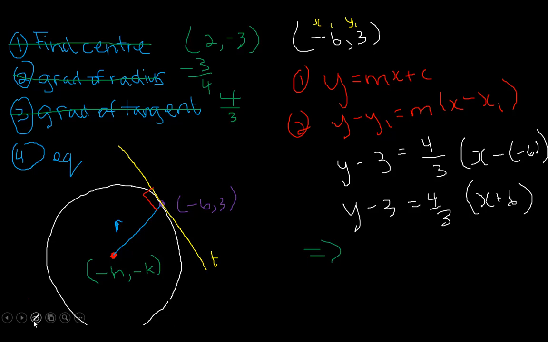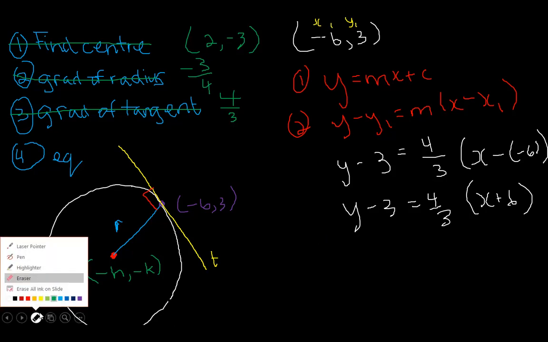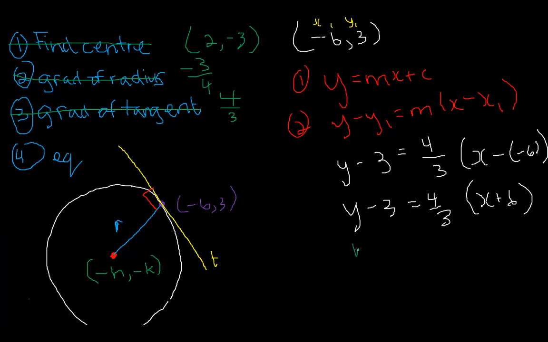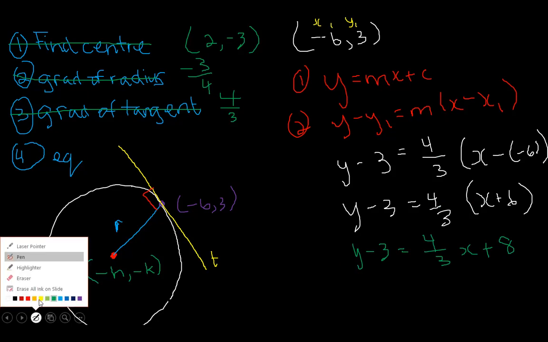So, hold on. There's no time for this yet. We need to make y the subject. So, okay. Y minus 3. We could expand these brackets. So 4 over 3 times x is 4 over 3x. And then 4 over 3 times 6, that's plus 8. And now this is my final step.